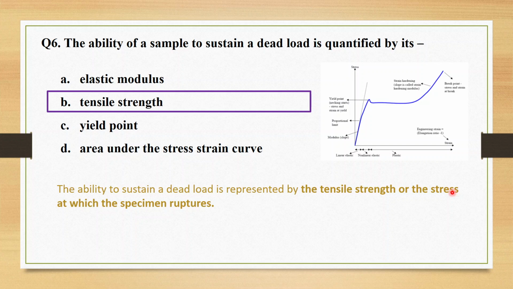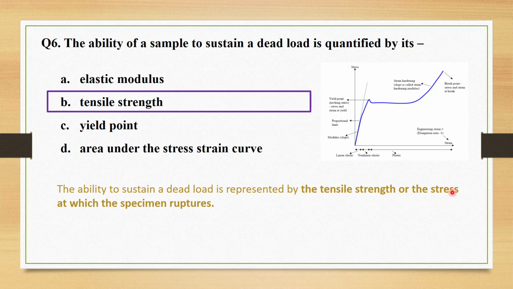Okay. So by what quantity can you identify this? You can identify this by tensile strength. You are applying stress and the sample is elongating. According to the vertical axis, the deformation that is occurring is your tensile strain.